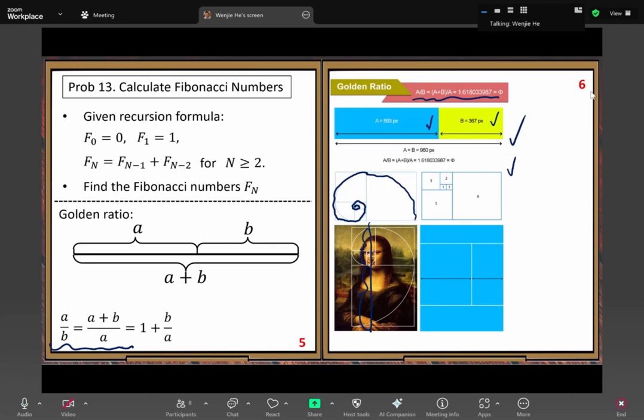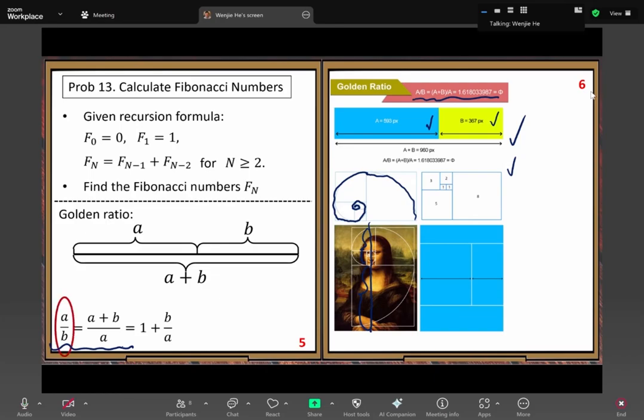To do that, we do some transformation. The right-hand side, we can simplify as 1 plus B over A. After that, we introduce one variable to represent the ratio, because we're only interested in the ratio.